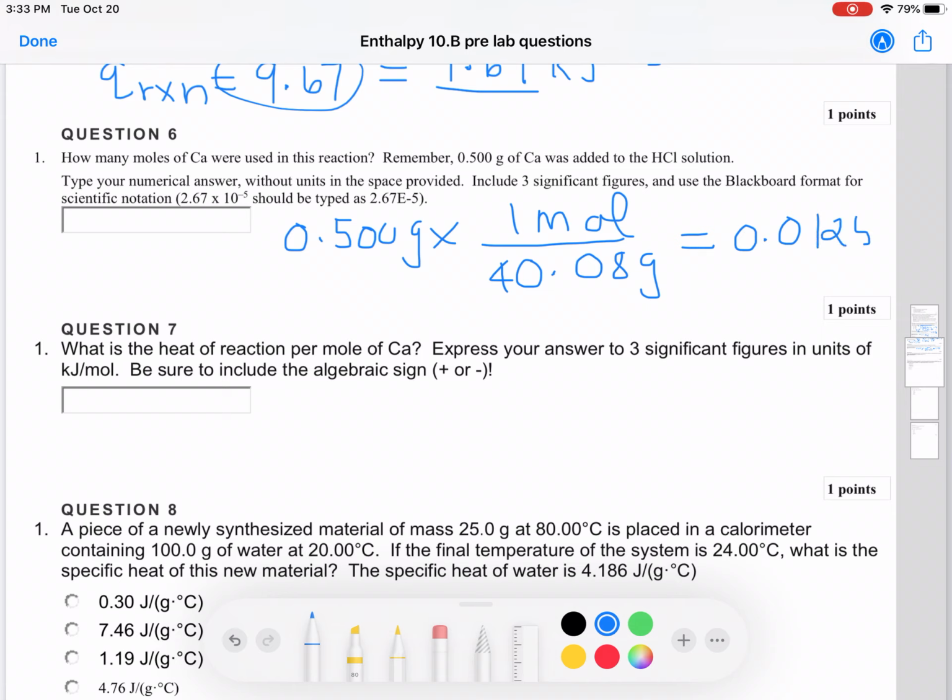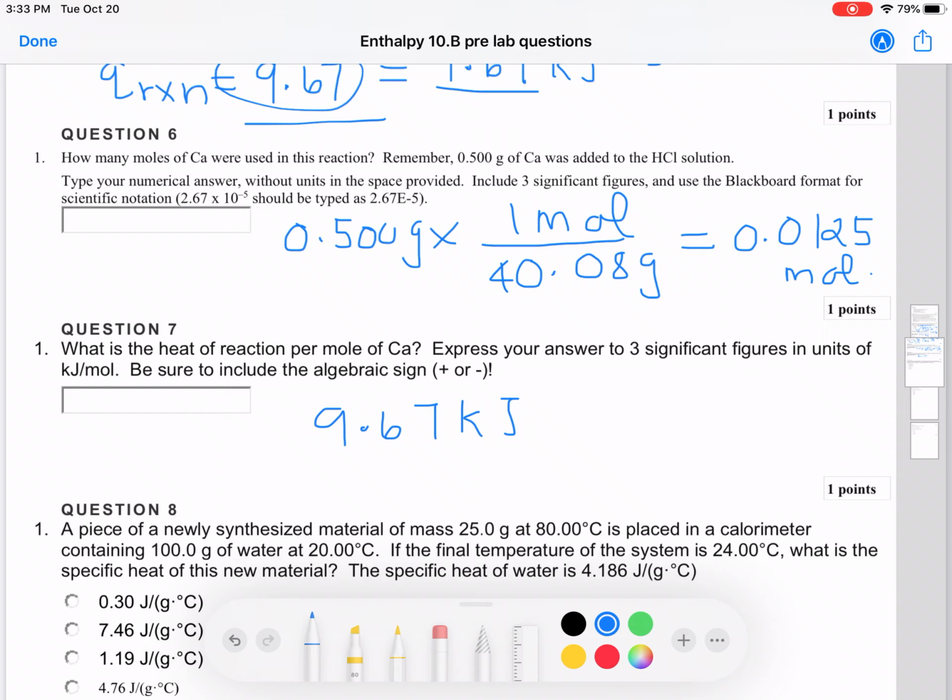Please do these calculations yourself to see if you are getting the right answers. I sometimes may have not used the 0.08, but you can do your calculations and check to see if they are correct. That's the number of moles. And then what is the heat of reaction per mole of calcium? Okay, so earlier we calculated the heat of reaction, 9.67 kilojoules.